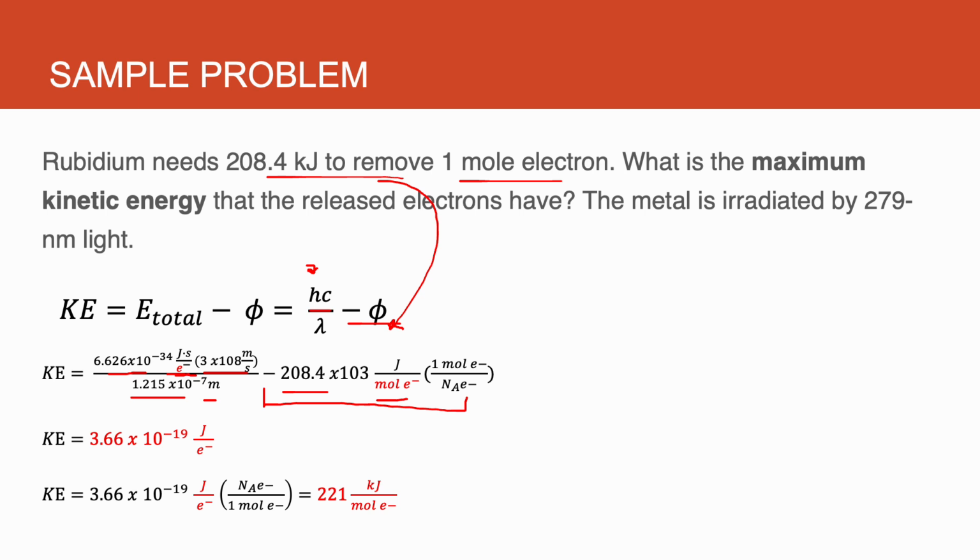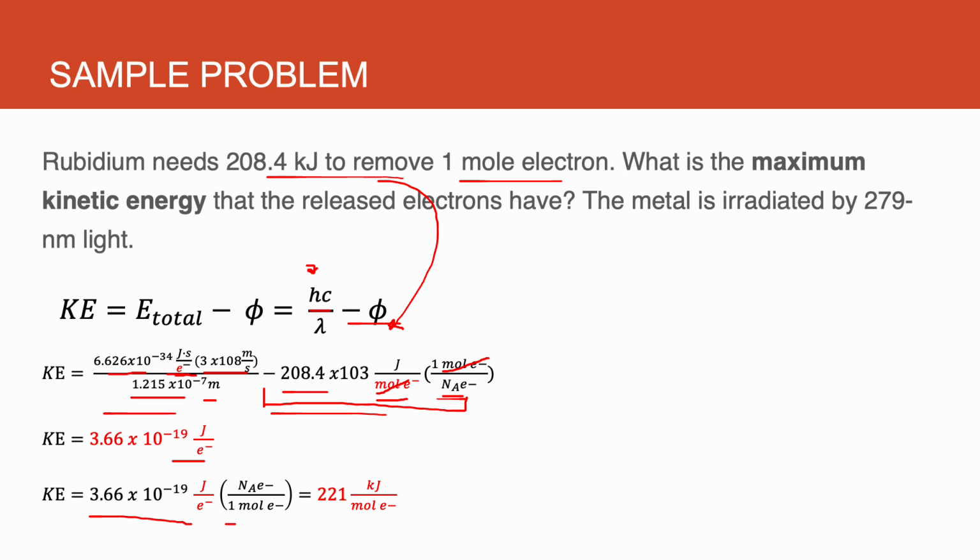So you can cancel out mole and electron, and you are left with just electron. From here, you can combine these since they are the same, joule per electron. So joule per electron is actually the kinetic energy, or the maximum kinetic energy released during the irradiation.